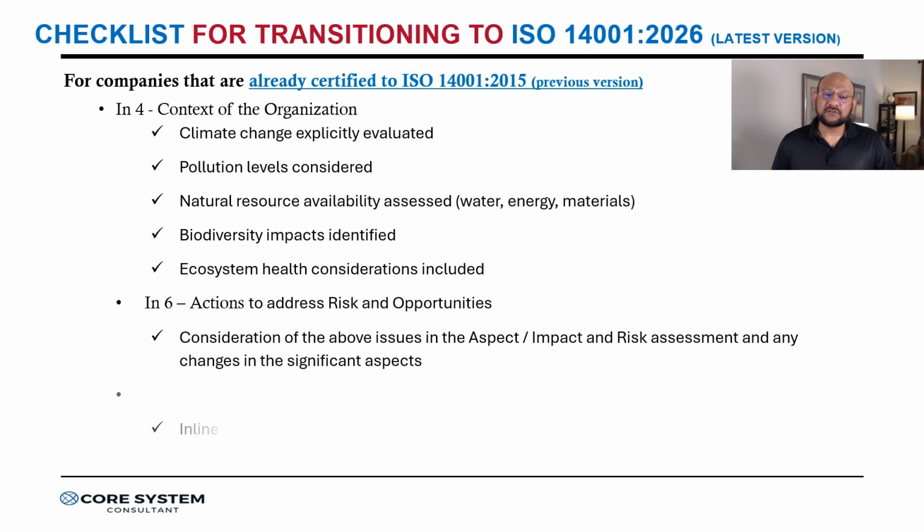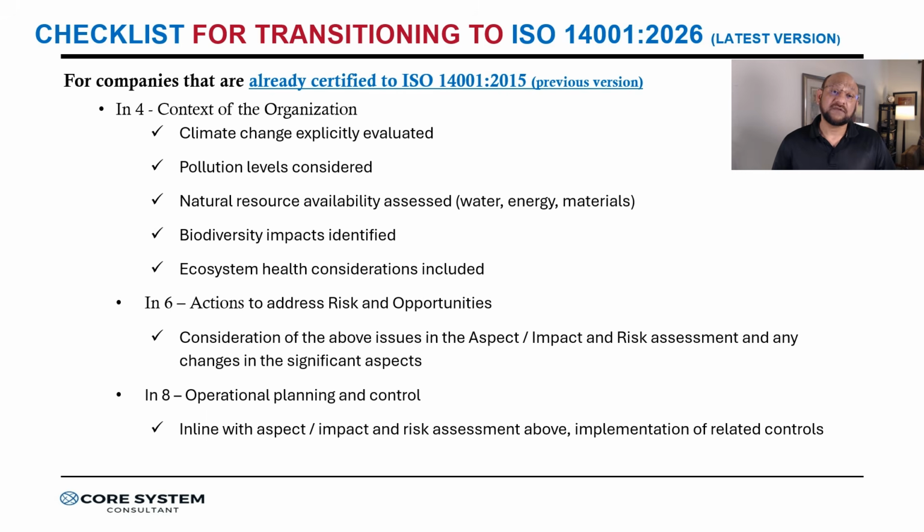And that leads you to the operational control, which is, if there are any modifications of the existing controls or any add-on to the new controls, then you need to make sure that you are implementing those new controls. And you should be able to comply with the latest 2026 version.